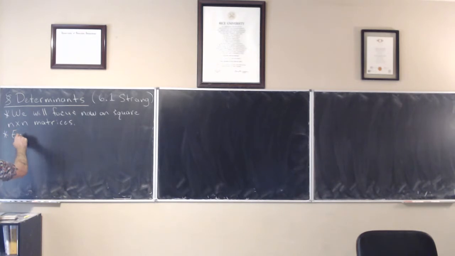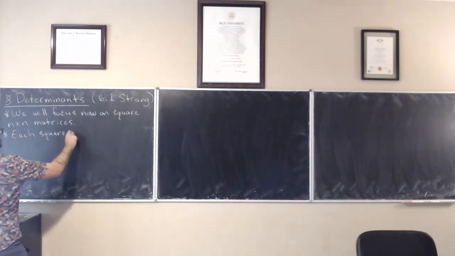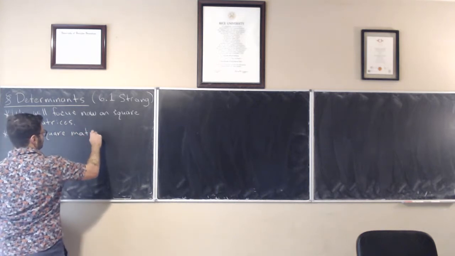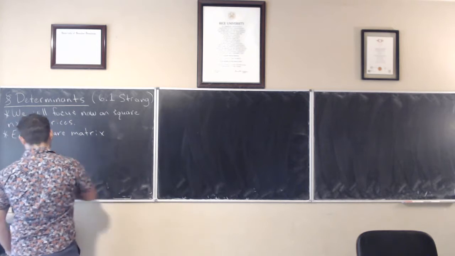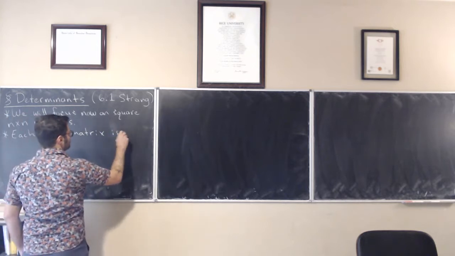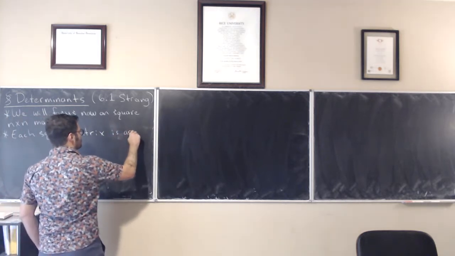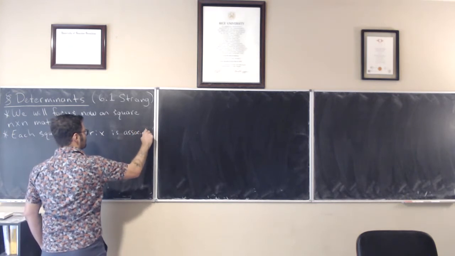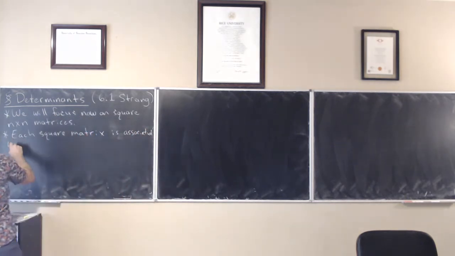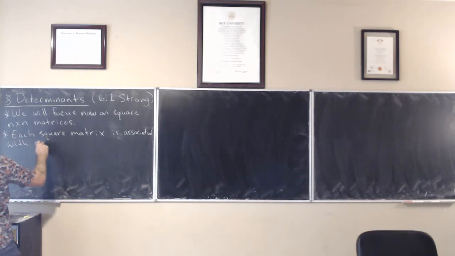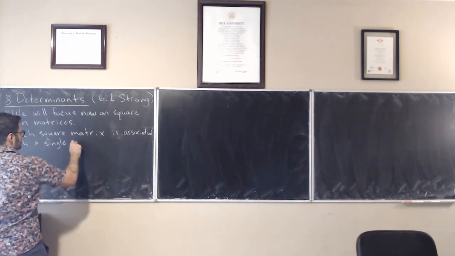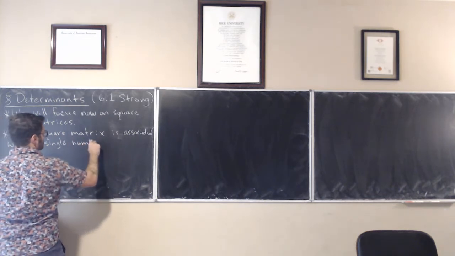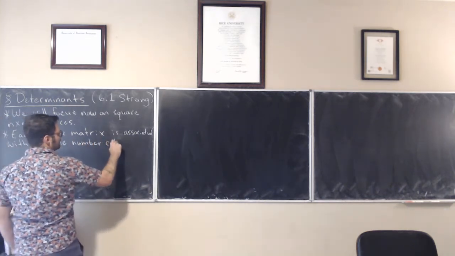So each square matrix, I'll say, is associated with a single number called the determinant.